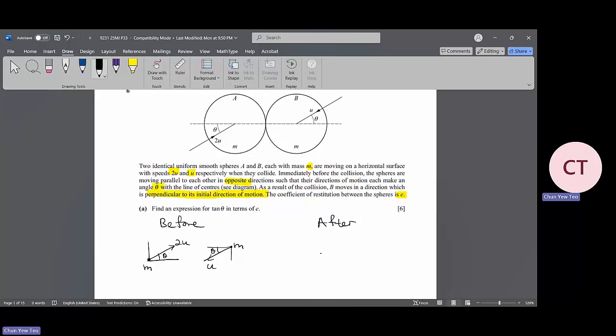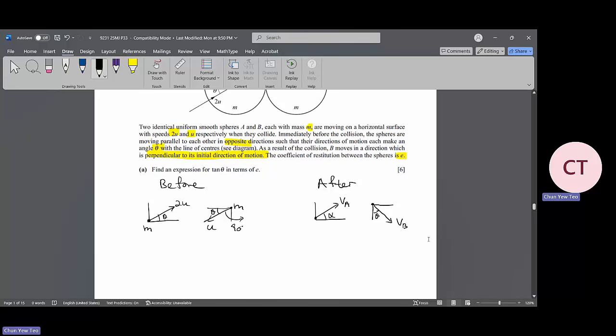After the collision, we do not know A's direction, so we simply take a guess and call this alpha. But for B, they say it rotates 90 degrees, so it will be here. Just now this was theta, so now this is theta. After the collision, we do not know the speed of B, so we just write VB.